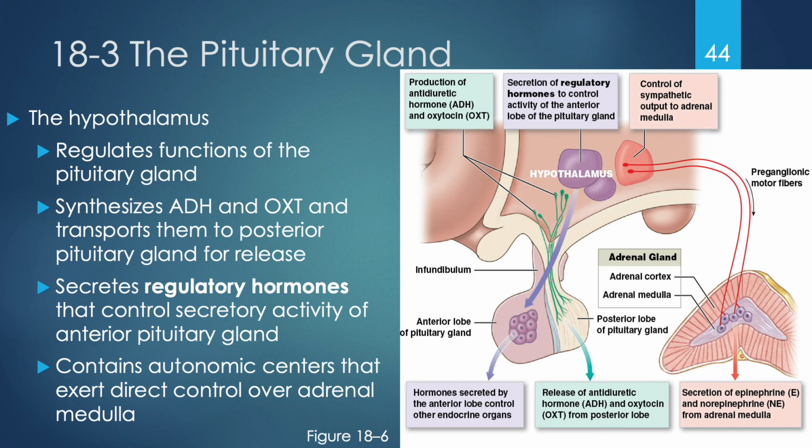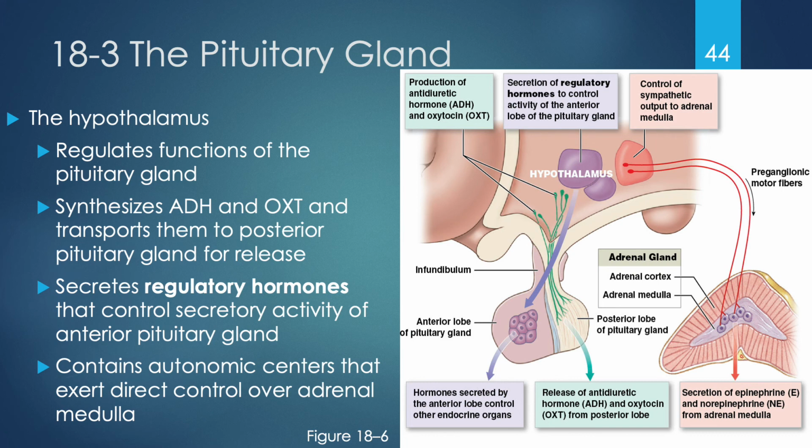It also secretes regulatory hormones, which control how much is produced by the anterior pituitary gland. So it's the hypothalamus that's really telling the anterior pituitary gland what to do, and then they send their own product for shipping out through the posterior of the pituitary gland.